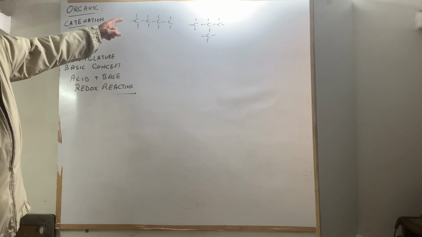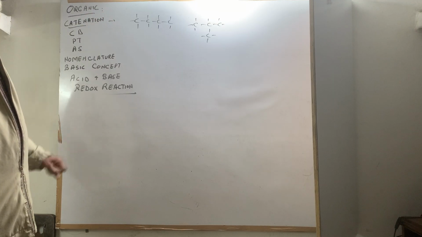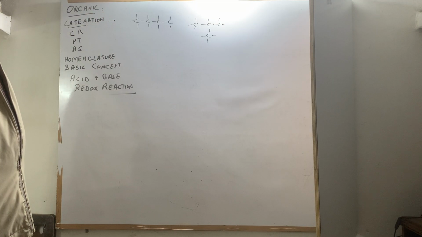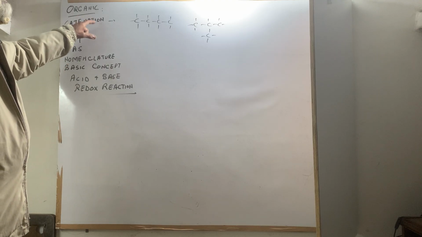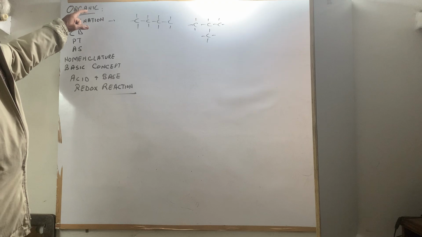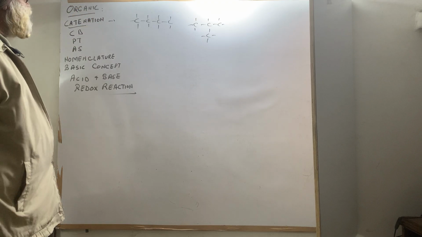Because first of all, carbon is very small in size. Secondly, carbon is tetravalent. That is why it shows the property of catenation. So catenation is the reason for studying organic chemistry as a separate branch of chemistry.